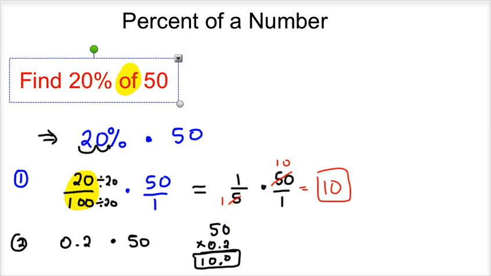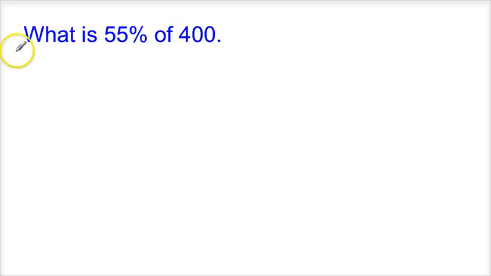Let's take a look at some other examples. What is 55% of 400? Again, our keyword here is of. So here I'm going to multiply 55% times 400. One way I could choose is using fractions.